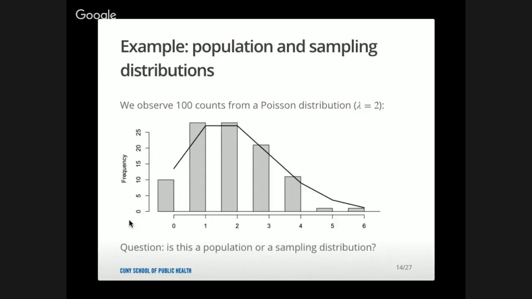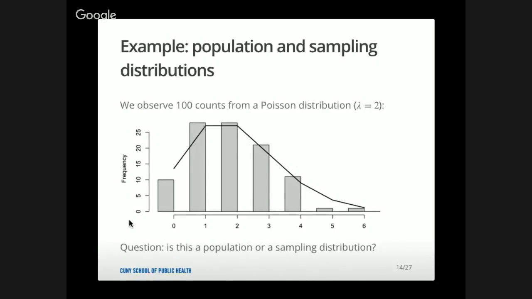So these histogram values are coming from a Poisson distribution, more from individuals. So what is it? A sampling distribution. No, your explanations were all right until you said sampling distribution. So you're looking at a population distribution because you're looking.